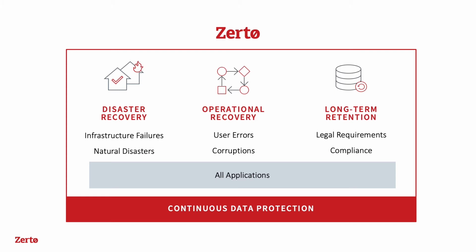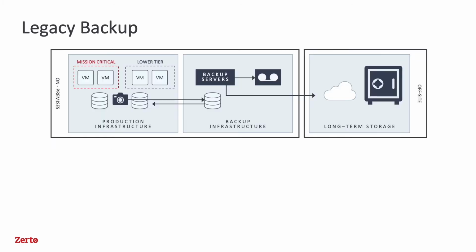Now, why is this so valuable? Well, because we address the challenges of legacy backup and exceed that with continuous data protection. If you think about legacy backup, right? You have your production infrastructure and you have your backup infrastructure that requires backup servers, and you're usually dealing with some type of hardware appliance that comes with a lot of hidden costs, maintenance, and gives you a lot of challenges in both resource perspective, but also from technology as well.